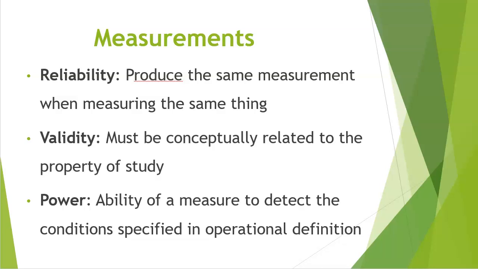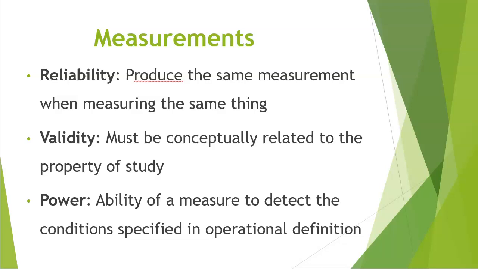Now, low validity would be, say, you want to measure how happy someone is, and you do that by counting the number of times they blink their eye. Now, I don't know about you, but I don't tend to blink my eyes more the happier I am. My eye blinks are not related to my mood. So that would be a low validity because it's not related to the property of my study.